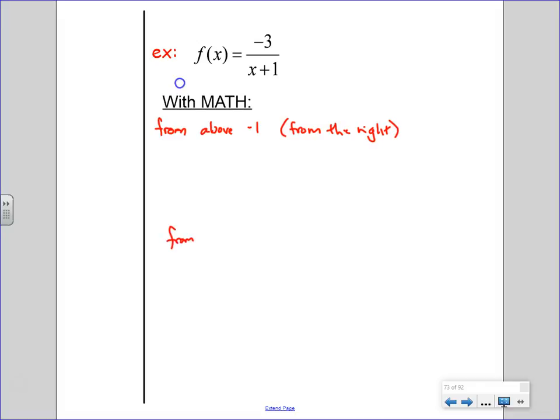No table, no graphing calculator. From below is going to be from the left. All we need to know is the sign, because we know the answer for a vertical asymptote, which we can tell just from the math that we did before, and we did not have a graphing calculator for that part. We know it's a vertical asymptote. From above -1, bless you.